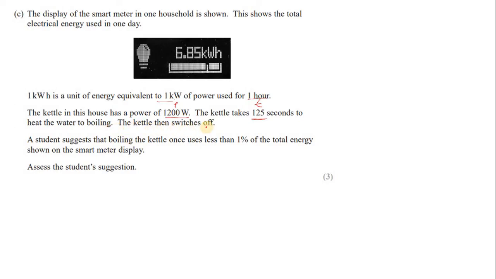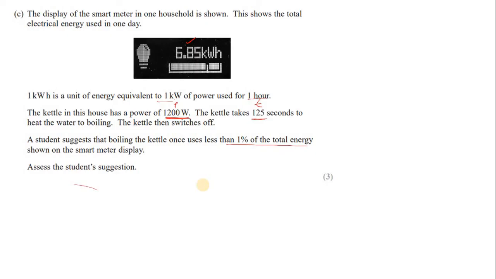The kettle then switches off. A student suggests that boiling the kettle once uses less than 1% of total electrical energy shown on the smart meter display. Assess the student's suggestion. So we need to find whether the energy used by that kettle is less than 1% of the total.